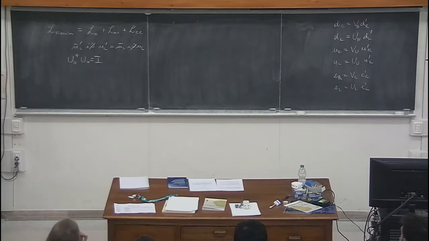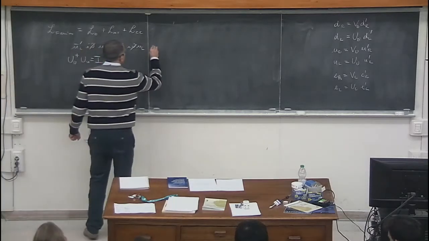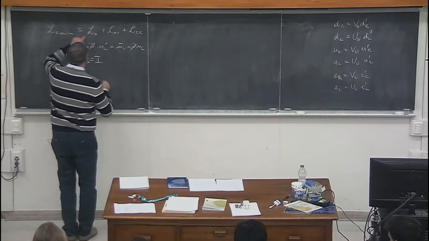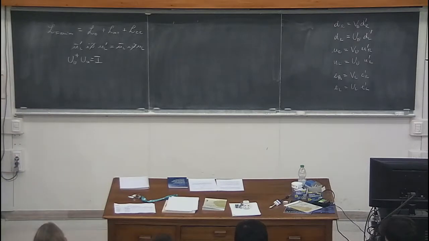Because those are unitary matrices as a result of the singular value decomposition, and so on. For all the other terms in the free propagation Lagrangian, there is no effect from that rotation.